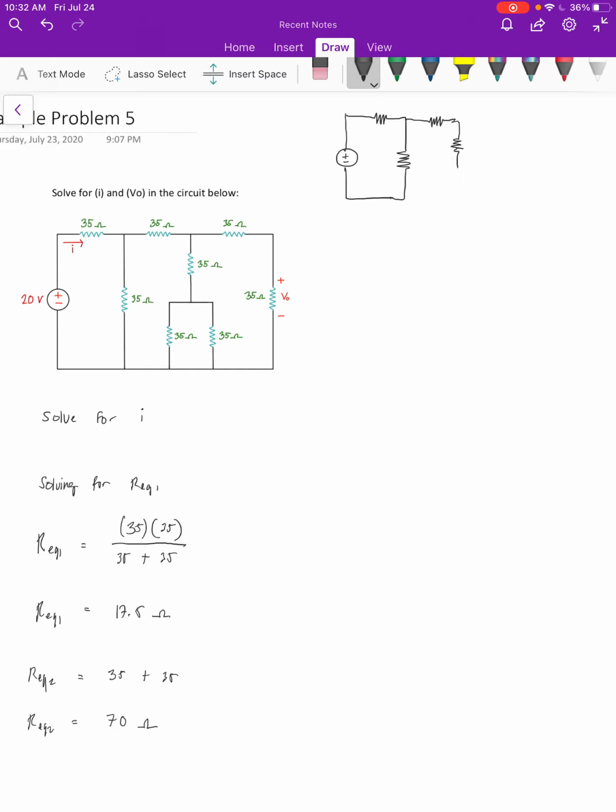Then now we have the equivalent resistor 1, which is this one, and REQ2 is right here. The rest will just follow the values of the resistors. What we can do next is add this one because they are just in series, and we call this our REQ3.